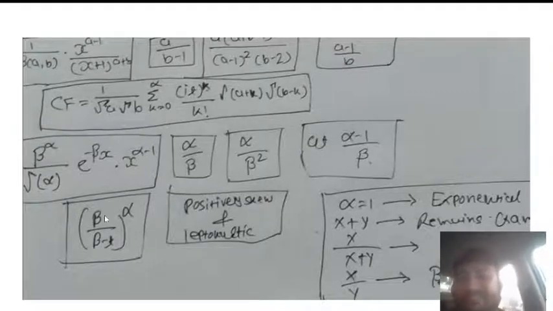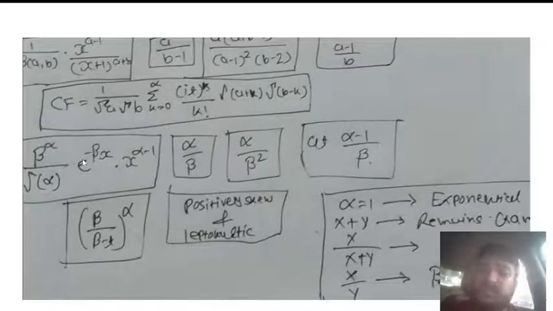Now we have the last one, the gamma distribution. The density function of the gamma distribution is beta raised to alpha upon gamma of alpha into e raised to minus beta x into x raised to alpha minus 1.